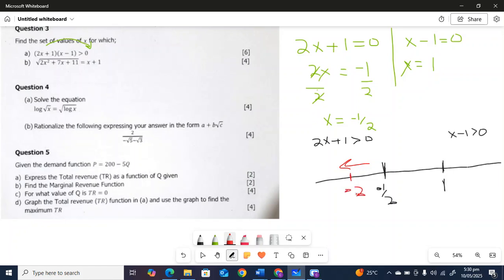Negative 2 is less than negative half. We try to substitute it in this equation here. So we'll say 2x, we substitute x with negative 2.